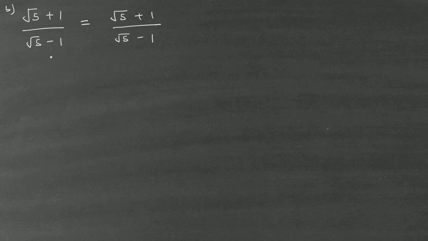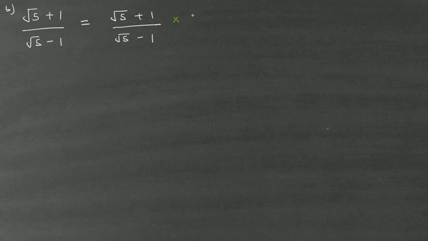Last example, if you have square root of 5 plus 1 over square root of 5 minus 1. Rationalize. What is the conjugate in this case? We get the conjugate of the denominator. We just change the sign of the surd in the denominator.